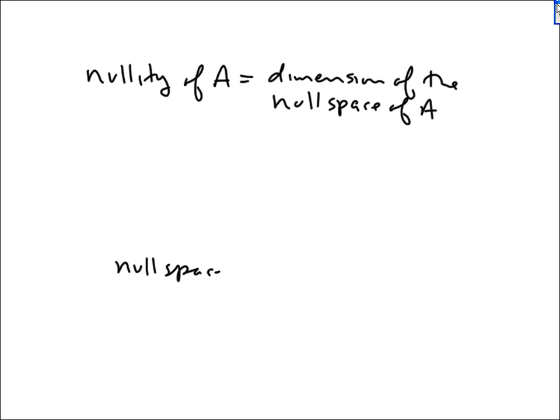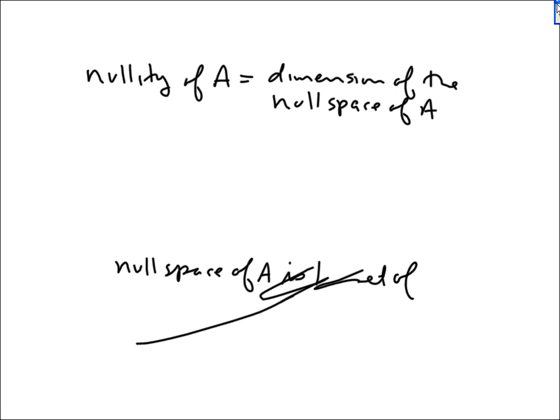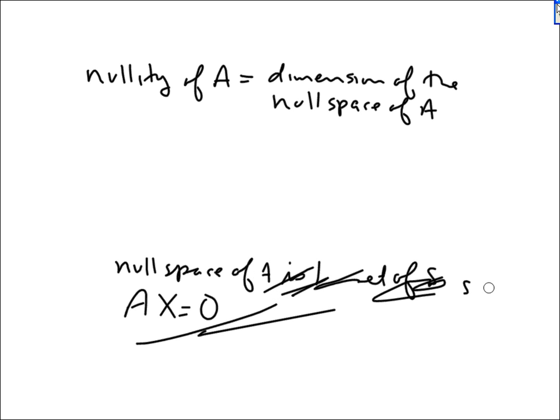The null space of A is the set of solutions to AX equals 0. Oops, not so sure what happened. But the null space of A is the set of solutions to AX equals 0.